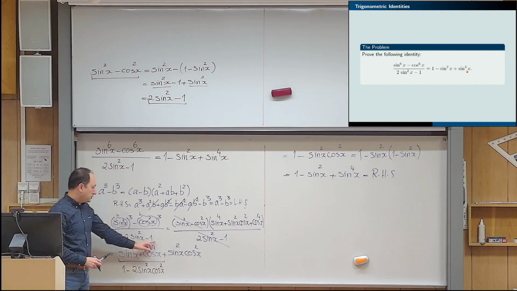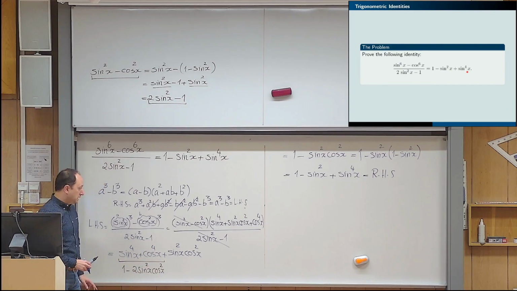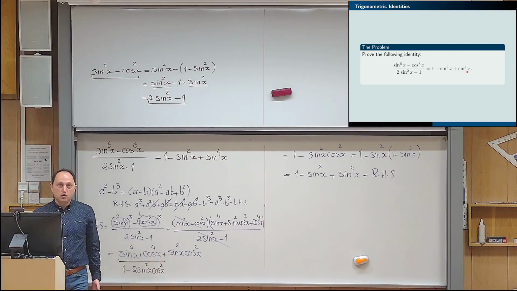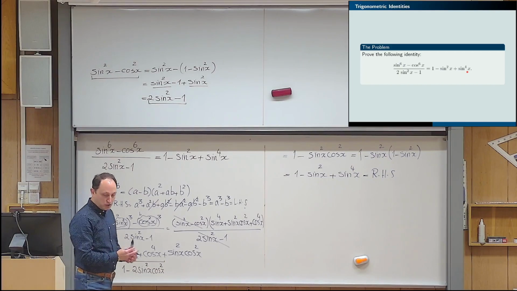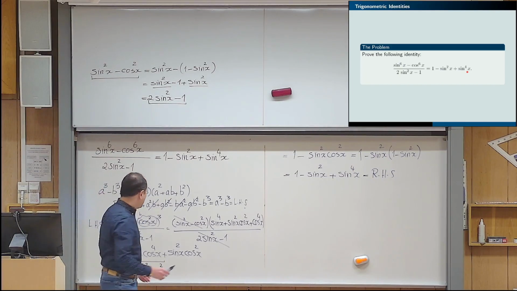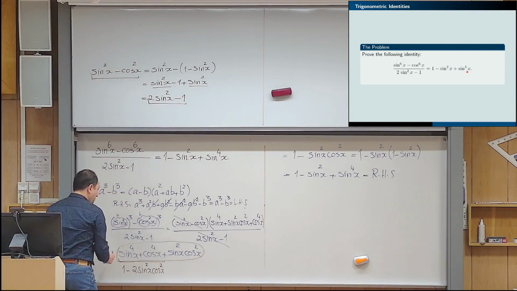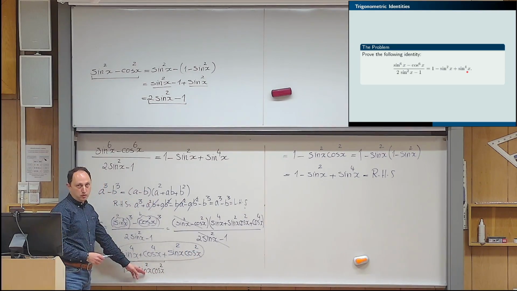But maybe you don't have this formula in your memory, but still you should be able to solve it by the same strategy we used there. Because here I have a mixture of sine and cosine, I want to get rid of all cosines. So the trick is clear. So let me just change my color and redo the problem from here in a way that you don't need to have this formula in your memory.